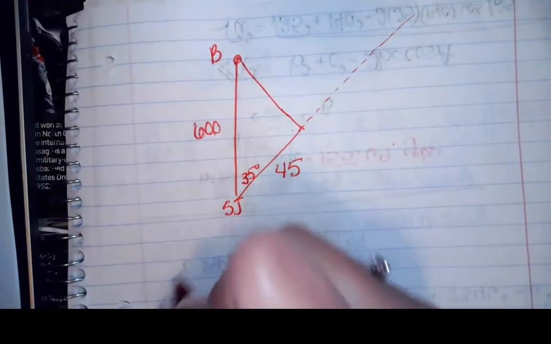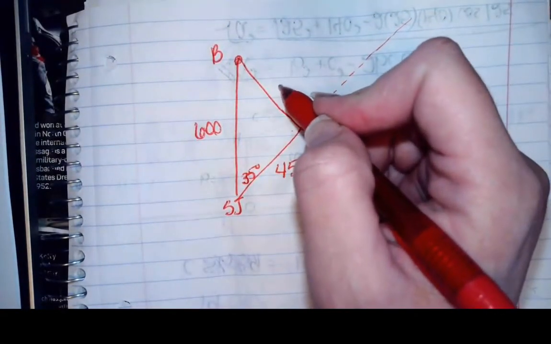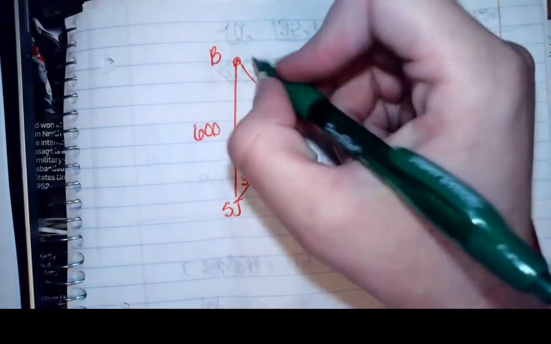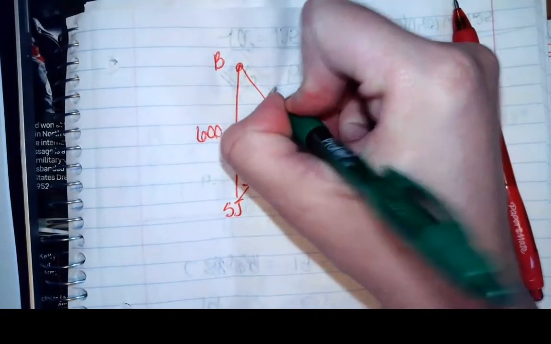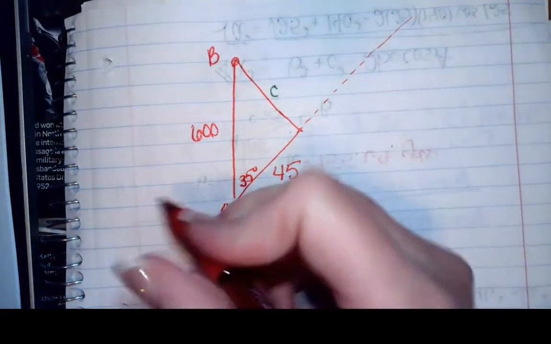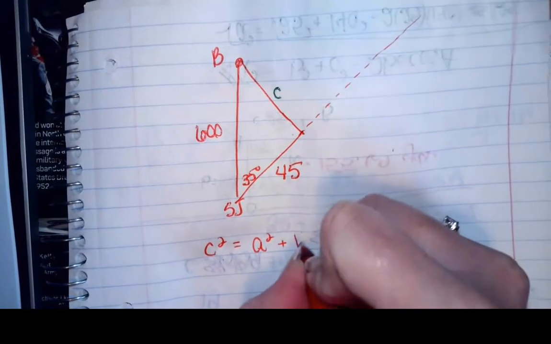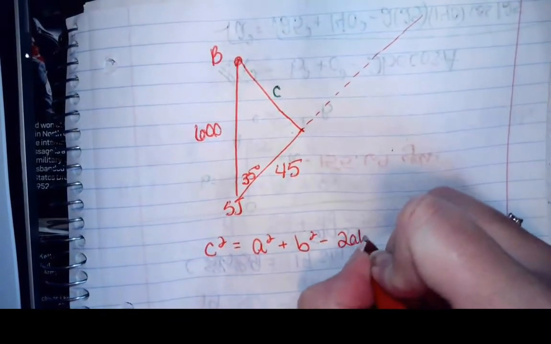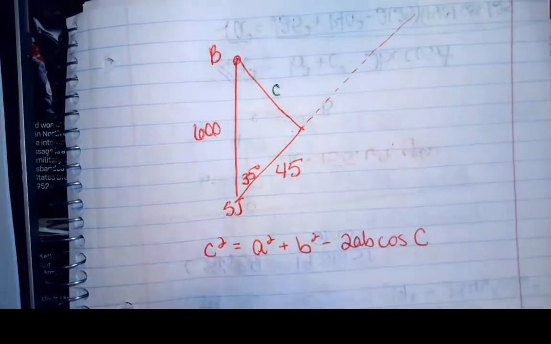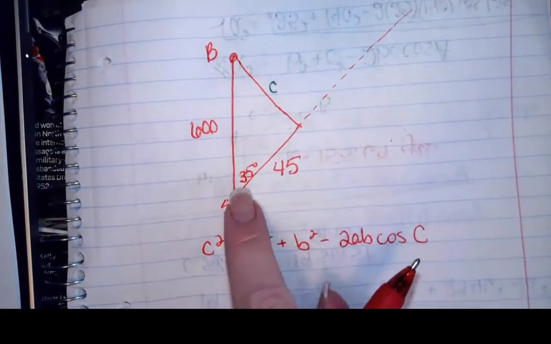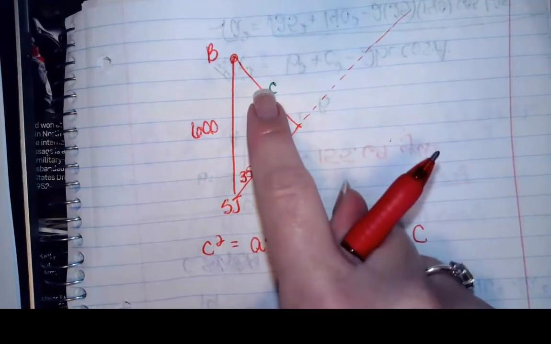So I'm going to say that this side right here, we will call him C. So that's side C. So I'm going to find C squared equals A squared plus B squared minus 2AB times the cosine of big C. So I'm looking for this, which is opposite a known angle.